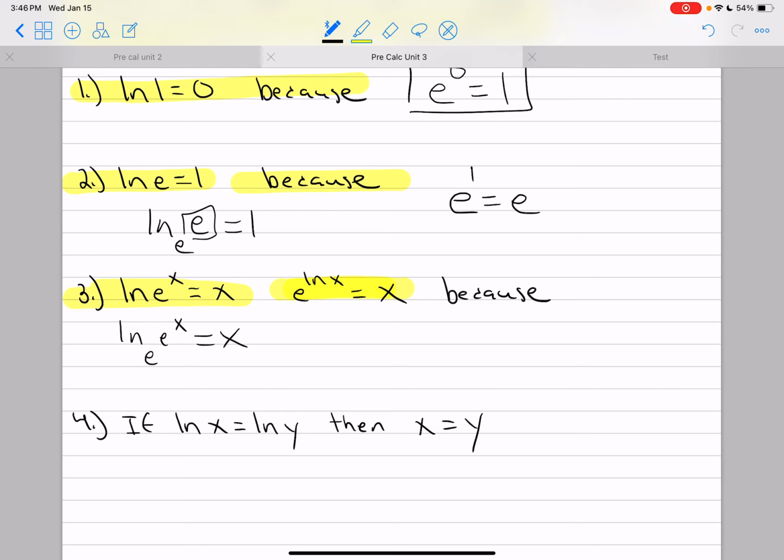Well, the natural log and e cancel out, so I'm only left with x. And if I have e to the natural log of x, again, e and the natural log cancel out, so I'm only left with x. They are inverses. e and the natural log are inverses. They cancel each other out.